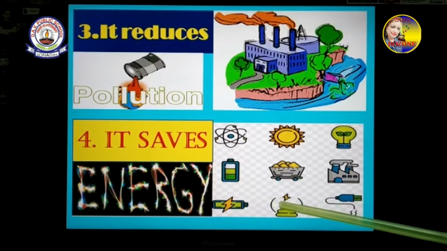Recycled items. Again, we are not getting new things for the making of iron bars and pillars and all such things we make, no, for making construction and all. So we need more and more energy if we use the new ones.